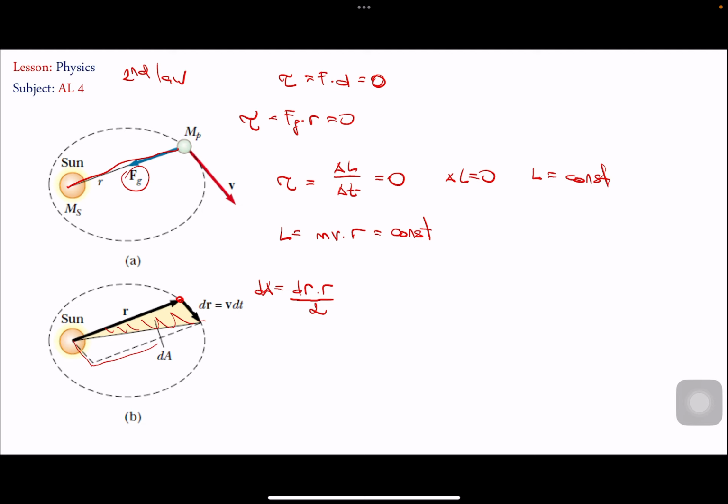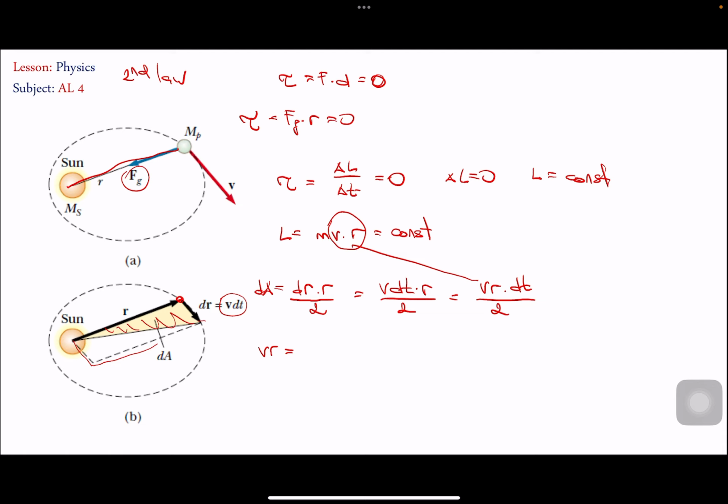And I know that dr here is equal to v times dt. So that's why dA equals v times dt times r over 2. Or let me write it in a more convenient way, vr times dt over 2. And I know that instead of vr, I can write vr equals L over m.